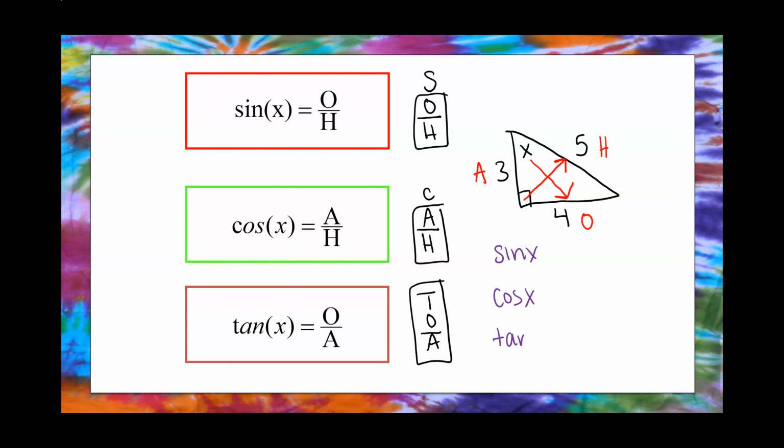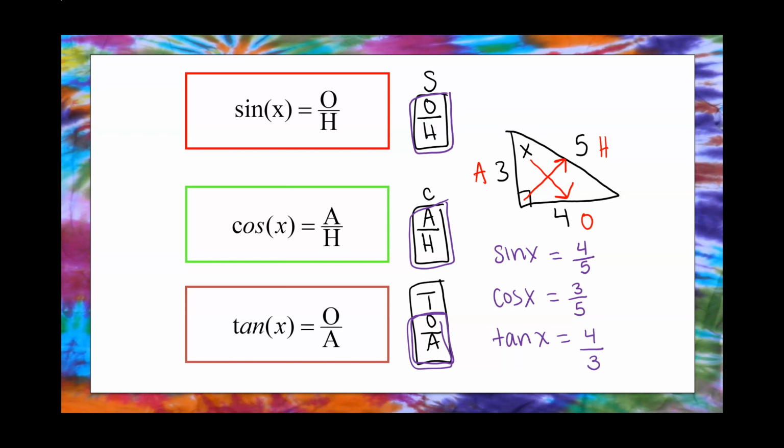And what is tangent of X? Well, sine is opposite over hypotenuse, so I'm going to have 4 over 5. Cosine is adjacent over hypotenuse, so that's going to be 3 over 5. And tangent is opposite over adjacent, which is going to be 4 over 3.